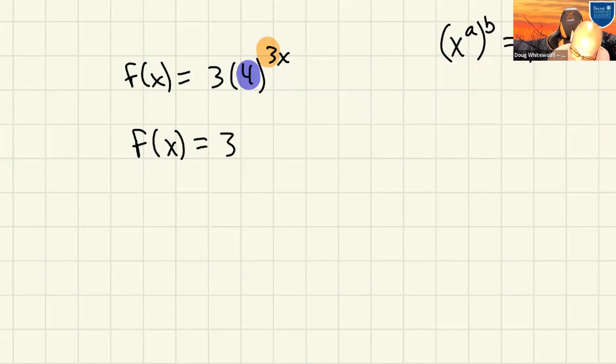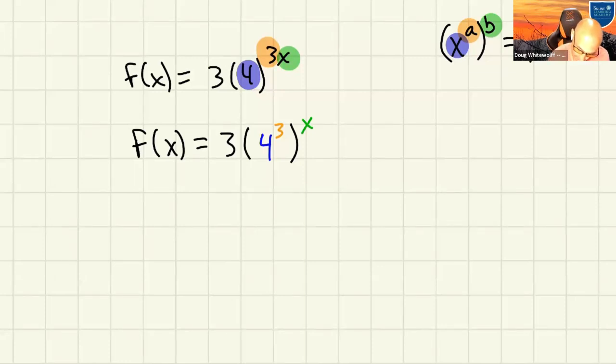So we have a, that's our 3, and then we have b, that's our x. In this case, our 4 is the x. So we can rewrite that as 3 times 4 to the 3rd power, and then all of that raised to the x.